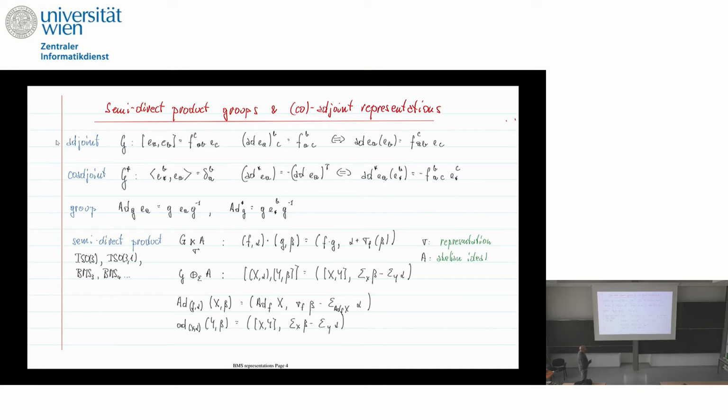The Poincaré group, translations and rotations, including hyperbolic rotations, and then BMS3, BMS4, and almost all avatars of these have this semi-direct product structure where very often you have a semi-simple group G, and you have a semi-direct product with an abelian group.